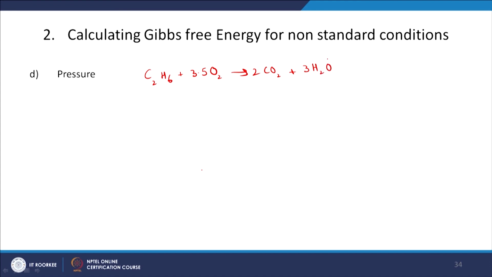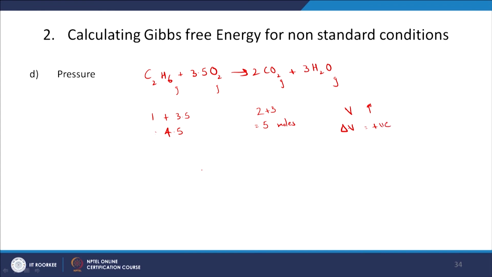In general, assume that all are gases, so everything is in the gaseous phase. And what are the moles here? Initially we had 1 plus 3.5, which is equal to 4.5 moles, and we end up with 2 plus 3, which is equal to 5 moles. So what does that mean? It means that the volume has increased, or delta V is positive.